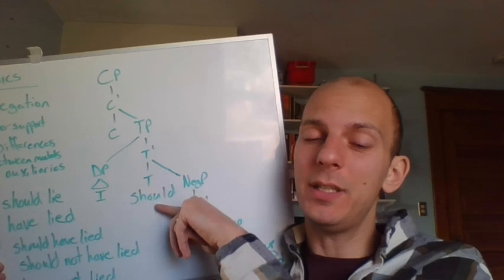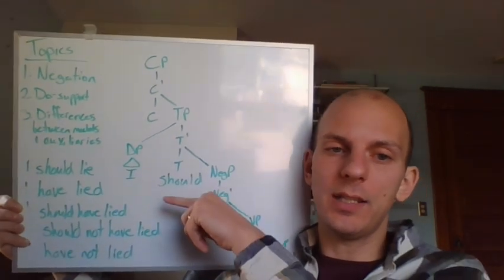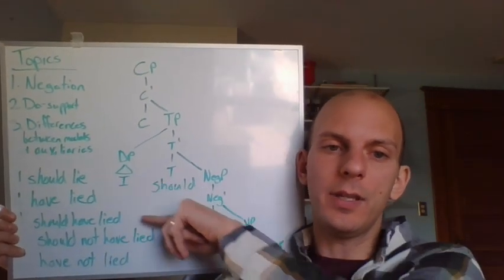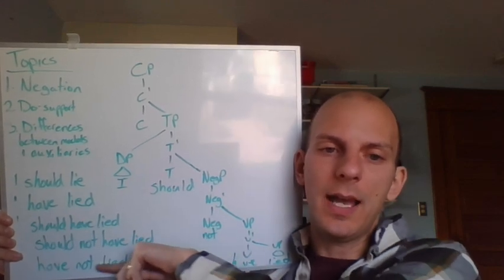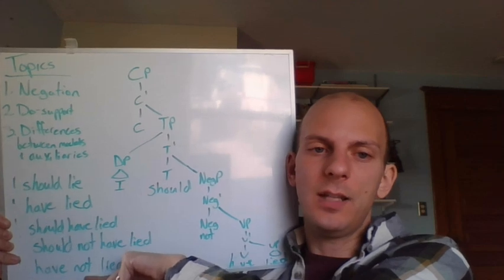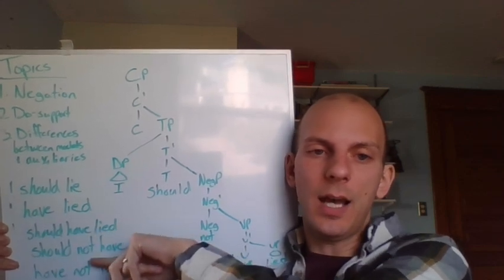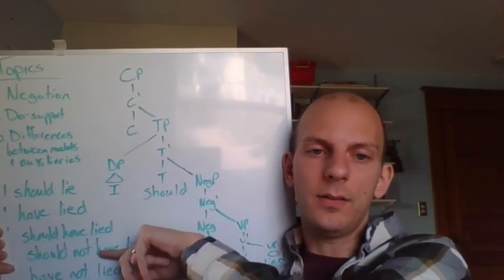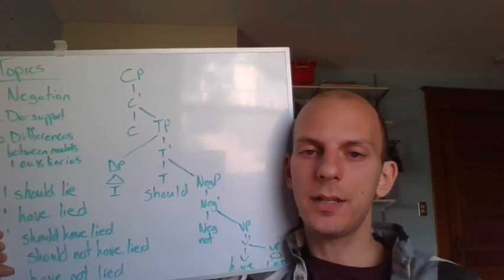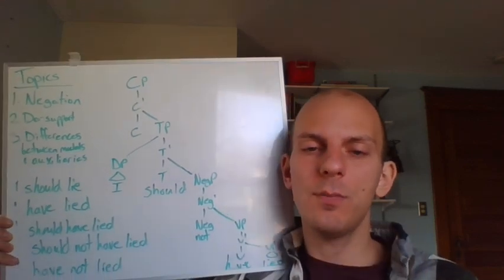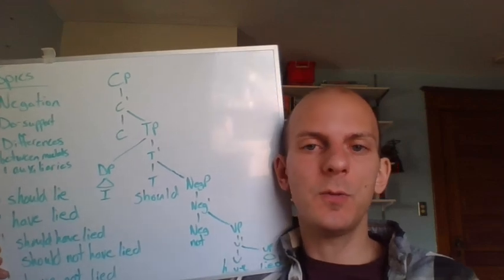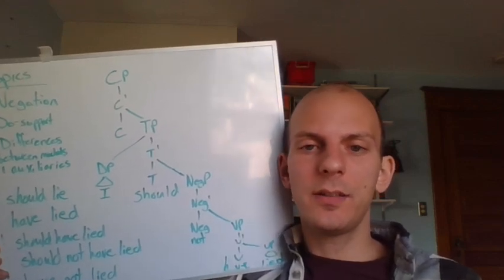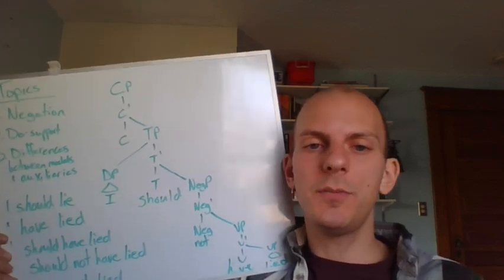But when T is not empty, they don't move up. This gives us an explanation of our data of why you get I have not lied with have to the left of not, but here you have I should not have lied with have to the right of not. It explains that paradigm through movement. I promise you we'd come back to movement. Auxiliaries, generated in V, move up to T.